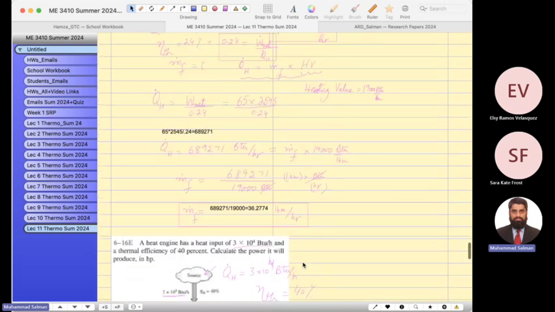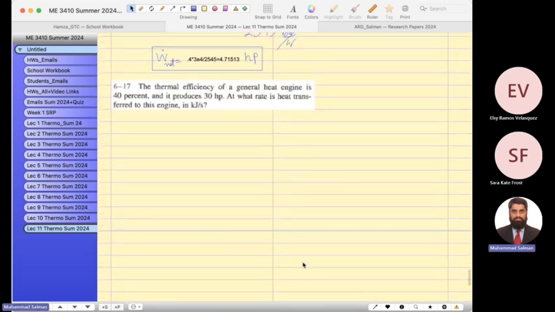This is the main formula. Okay, let's find out the next answer for this problem number 17. Thermal efficiency of the heat engine. It is 40%. It produces this much power. At what rate is the heat transferred to this engine?